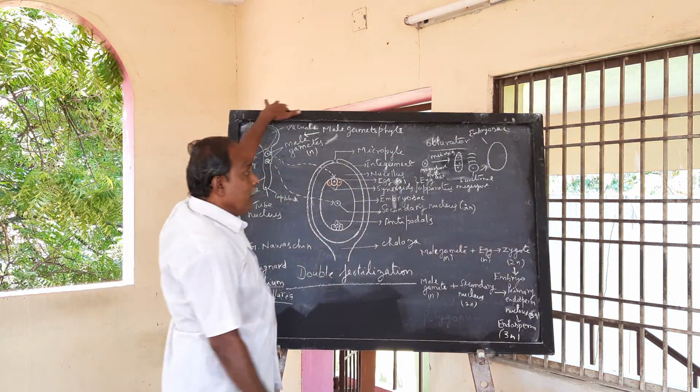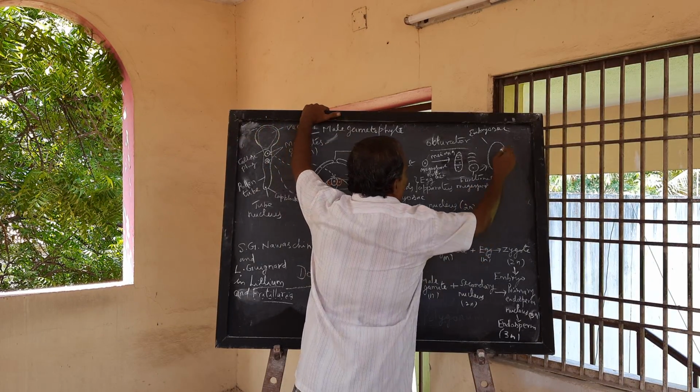In the female gametophyte, at first there is a single nucleus.